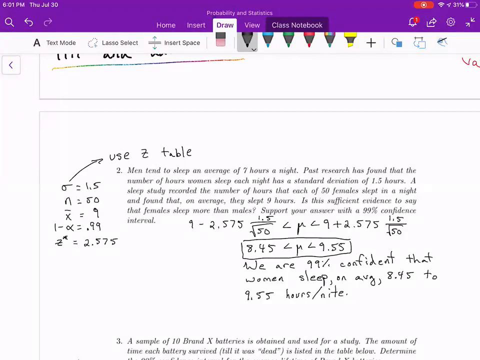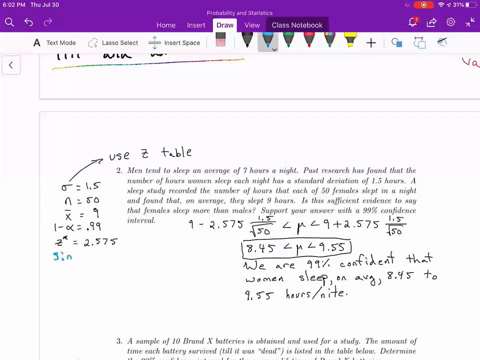All right, perfect. So Miku points out that even the lowest value of this interval, remember, we are 99% confident that the true value for mu is some number in between 8.45 and 9.55. So almost certain. There's only a 1% chance that it isn't. So for any value in that interval, it's going to be more than 7. That's what you want to look for. So let me write that out, and I'll put that on the left side here.